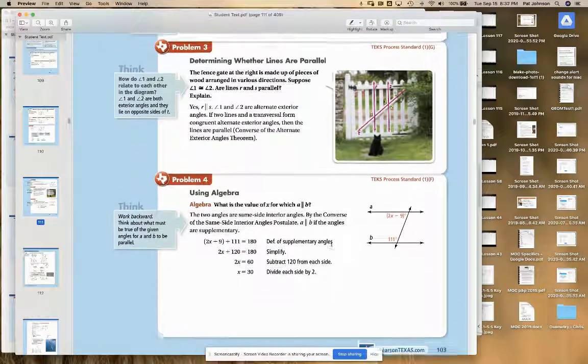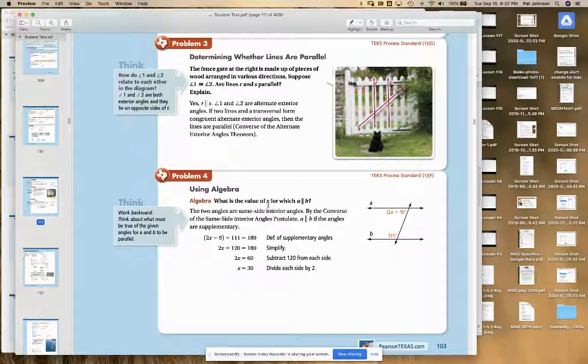All right, so let's look at 4. Using algebra, what is the value of x for which A and B are parallel? Well, if A and B are parallel and this line is the transversal, these two are going to be same side interior angles, which we know the theorem says are supplementary.